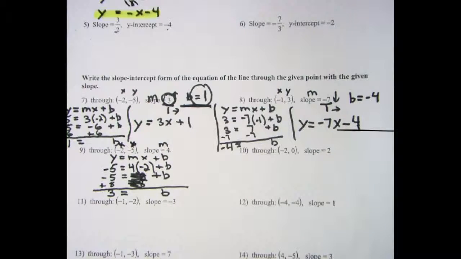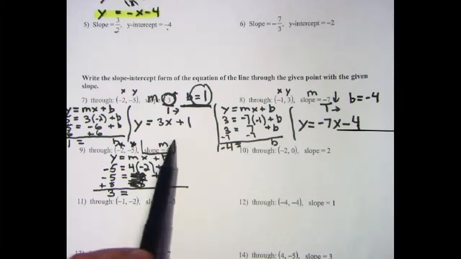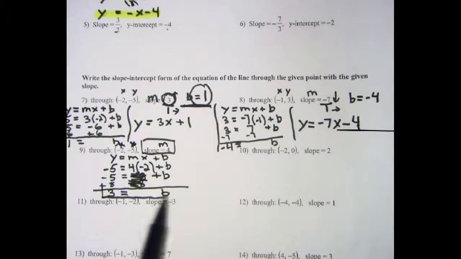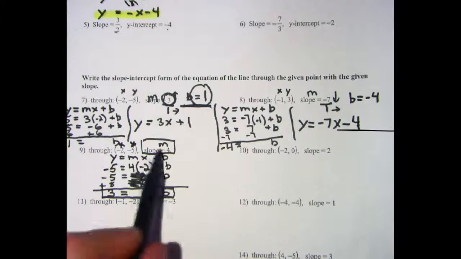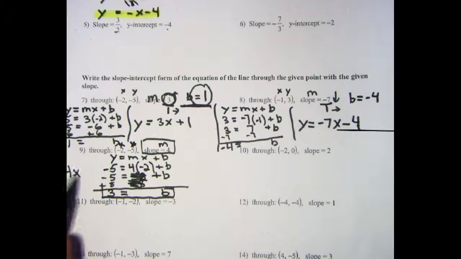So b equals 3. So what's the equation of the line? Remember, we use the slope. Here's our y-intercept. So our equation of the line is y equals 4x plus 3.